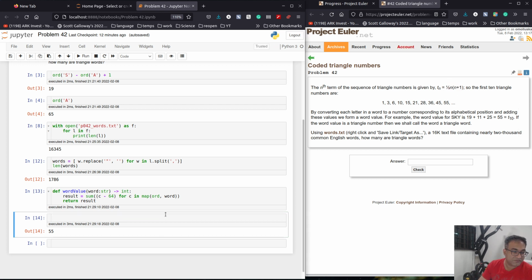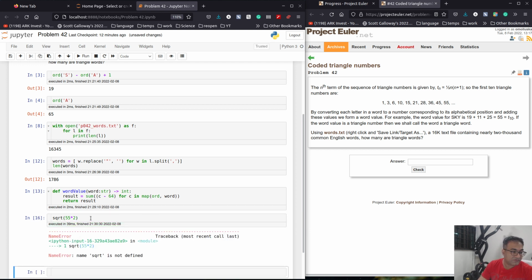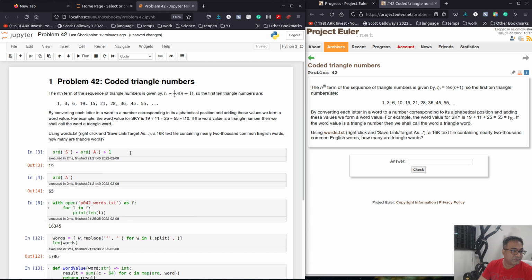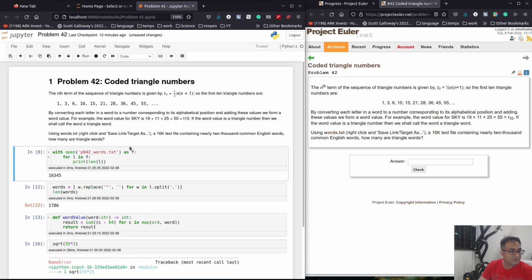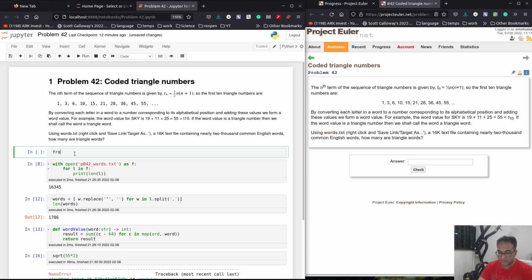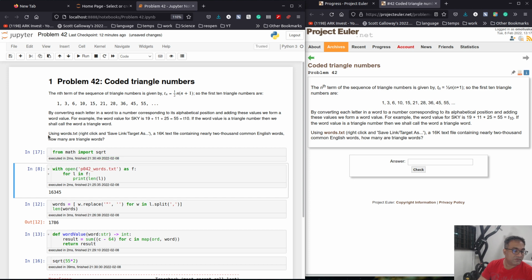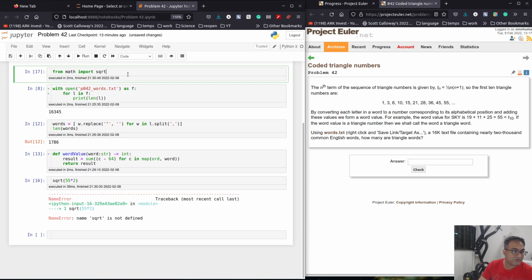So for example, if I get 55 into 2 and take the square root of that, and the floor.